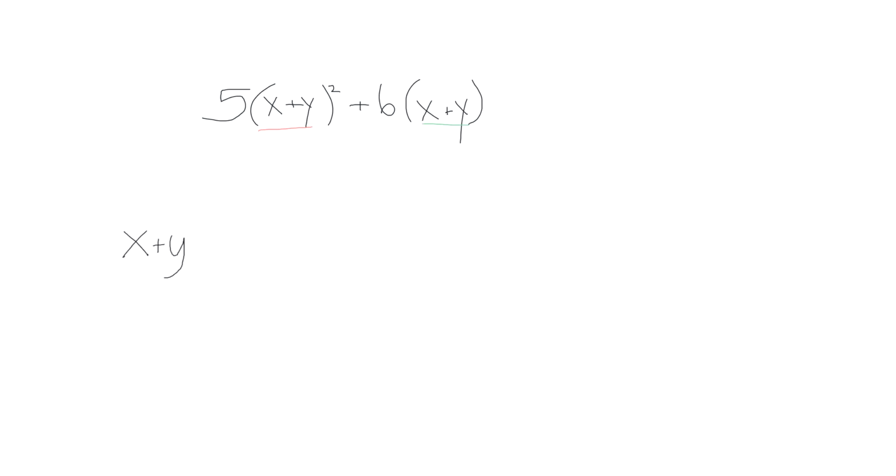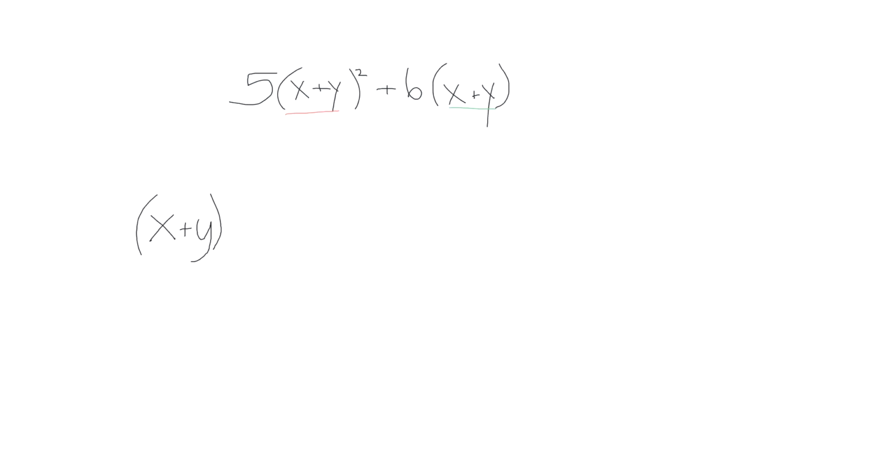And since I factored out those two terms, I'll keep them in brackets so they know they're together. X plus y divided into 5 times x plus y squared leaves me with the 5 times 1 x plus y, because this one says I have x plus y squared.